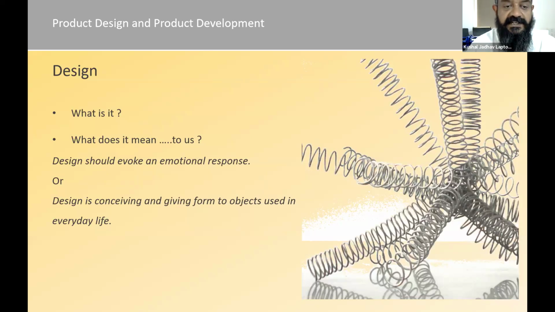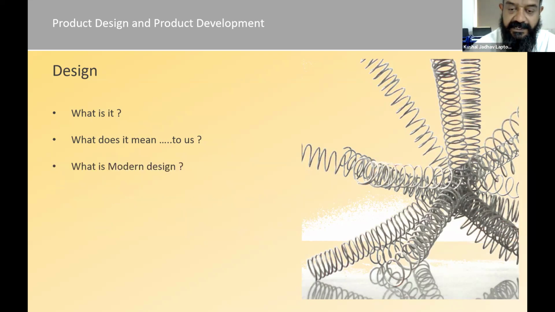Okay, so design is conceiving. Conceiving means inception, giving birth. So conceiving and giving form to objects used in everyday life. Objects means not just physical objects, but also digital objects, like an app or a poster or a film or an ad or a brand identity. So design is conceiving and giving form to objects used in everyday life.